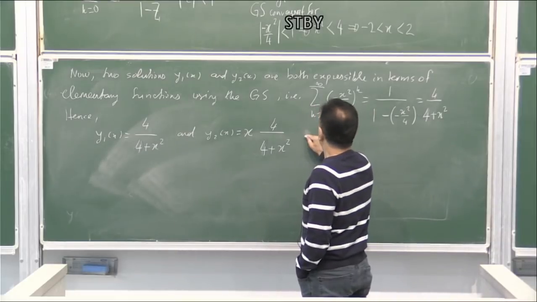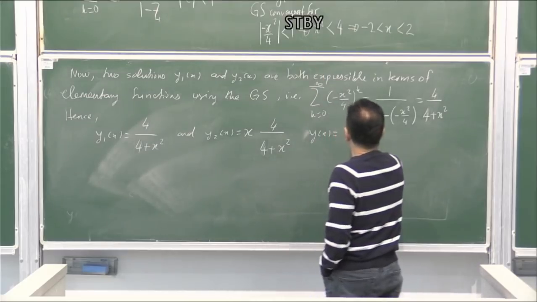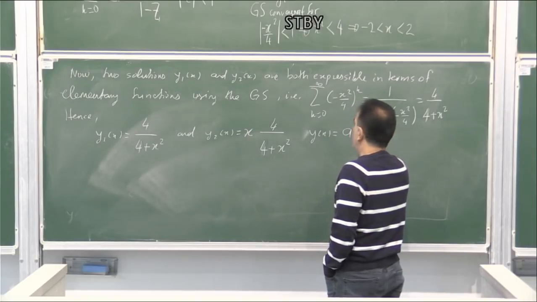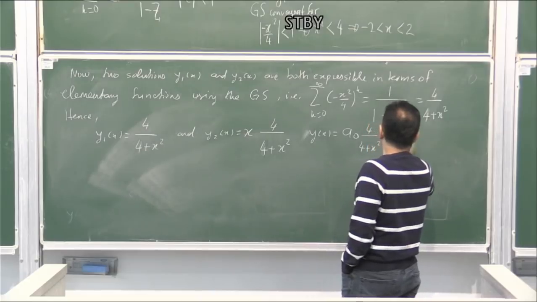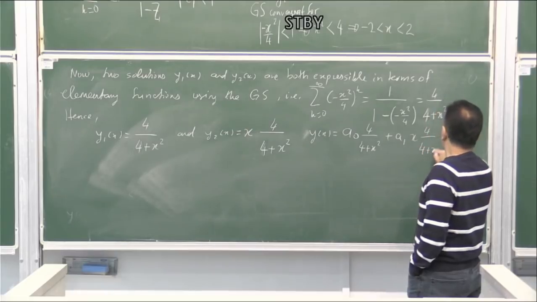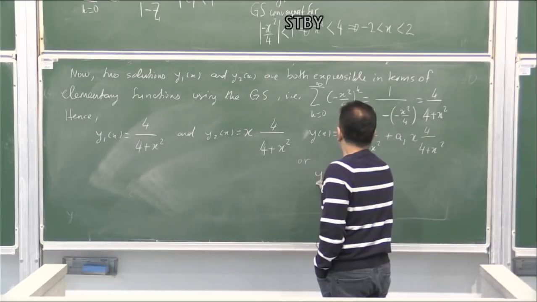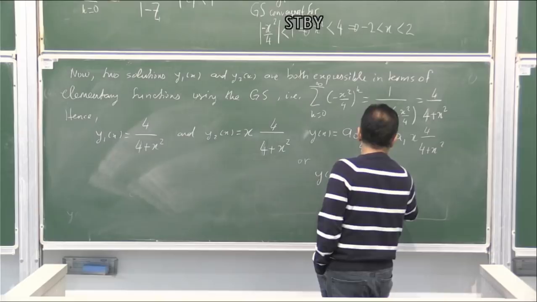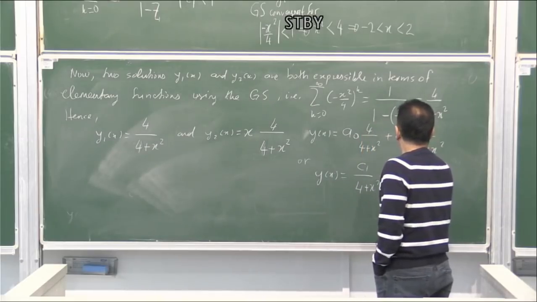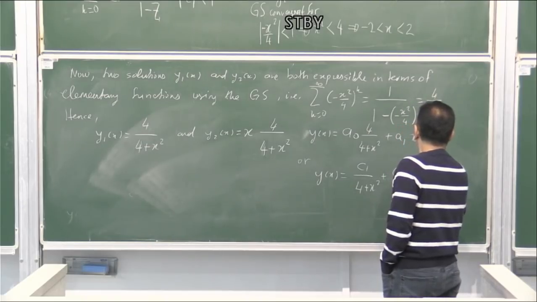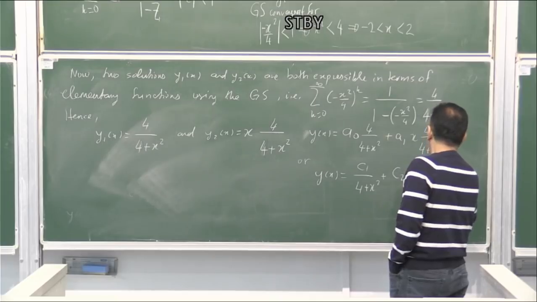And this y of x is a0 y1 plus a1 x times 4 over 4 plus x squared, or c1 over 4 plus x squared plus c2 times x over 4 plus x squared.